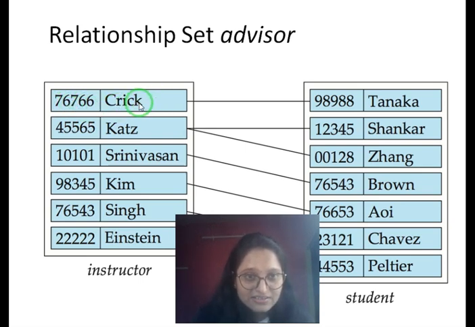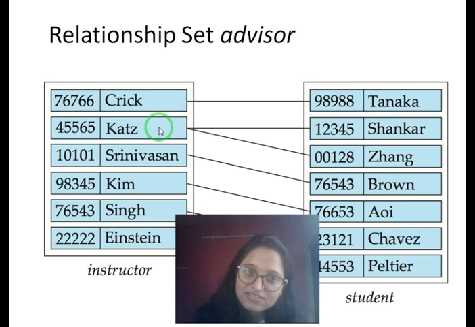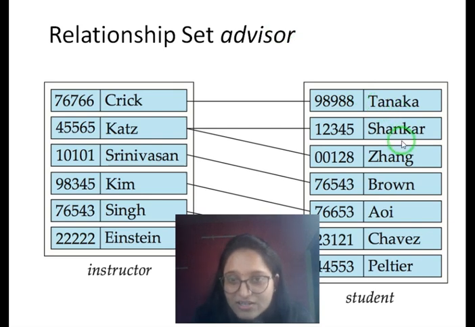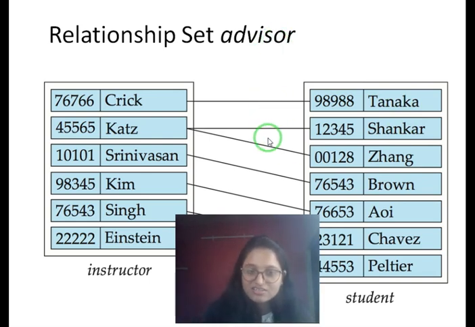This instructor is an advisor for the student Tanaka. Okay, so this instructor is an advisor for the student Shankar. In this way, we form a relationship between two different entities. So advisor is a relationship set between the instructor entity and the student entity.